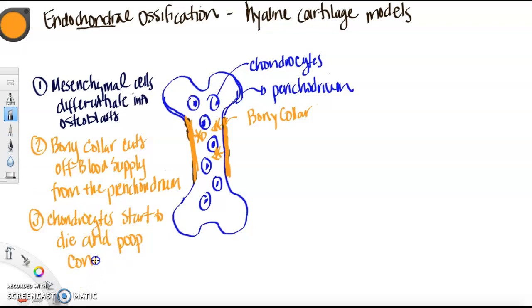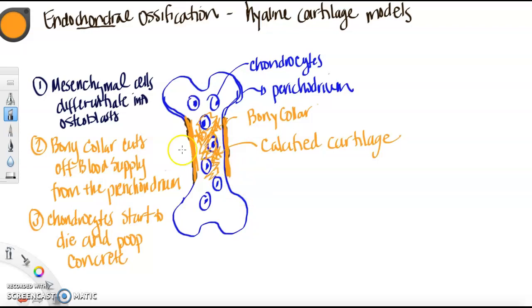Let's just call it that. What's coming out here now is calcified cartilage. All the lacunae are getting bigger, swelling up, and all this becomes calcified cartilage. It's not bone, and it doesn't turn into bone.